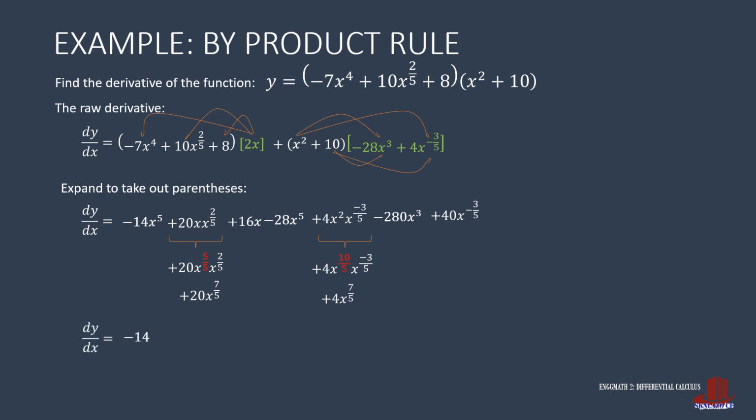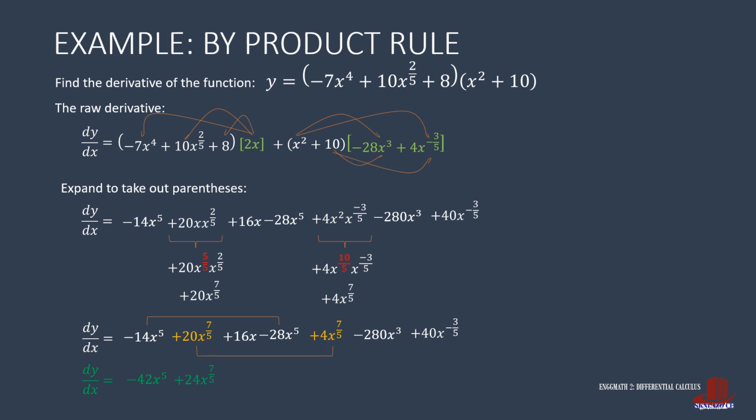With this, the derivative has been simplified, and all we need to do now is to collect similar terms. dy over dx then takes negative 14x raised to 5 minus 28x raised to 5, making negative 42x raised to 5.